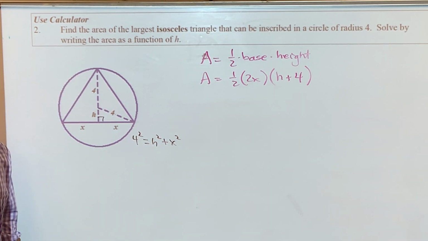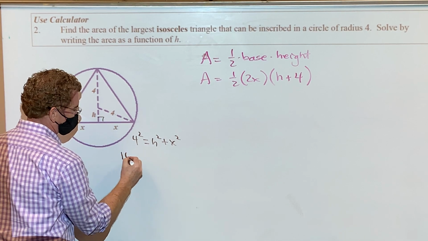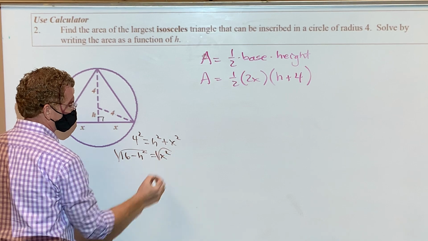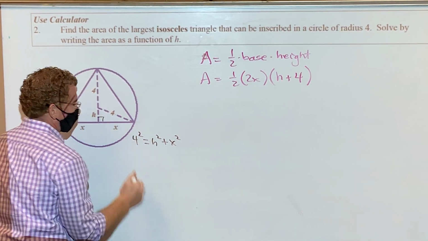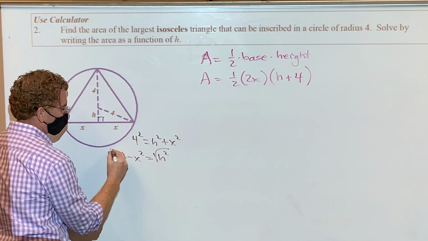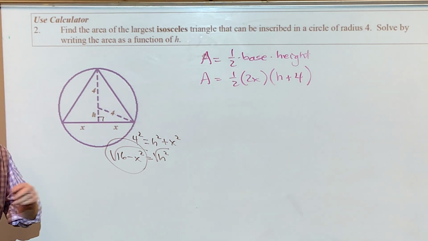And I gotta be honest with you, I did this key this morning, and you know what I did? I took that 16, I subtracted the h squared, I square rooted both sides. Actually, I'm sorry, I did not do that. I did this. I took that 16, I subtracted the x squared, and I square rooted both sides, and I replaced h with this because I like x.